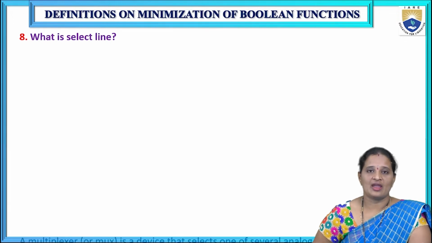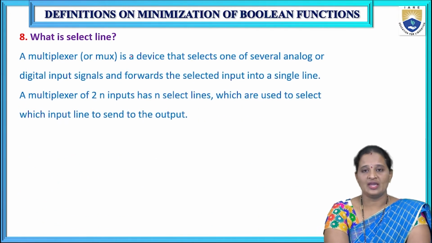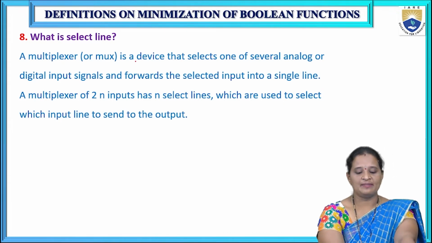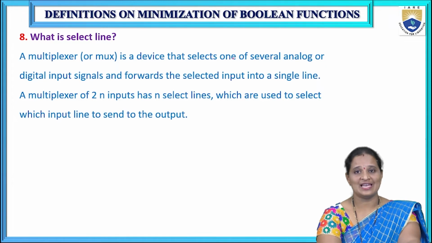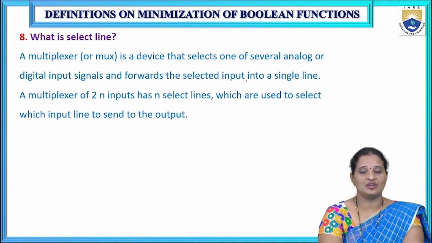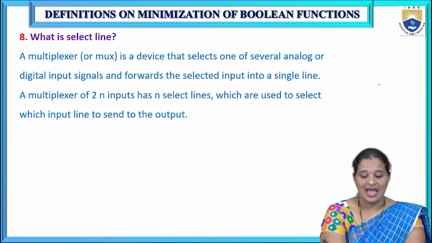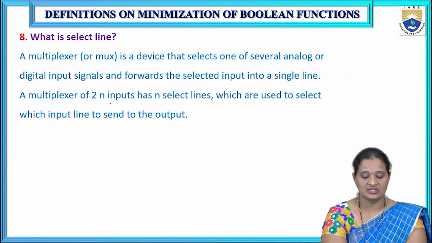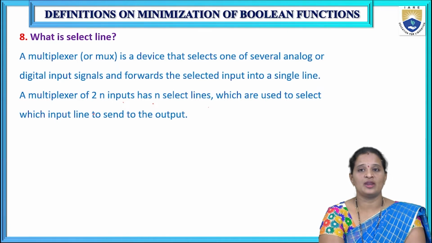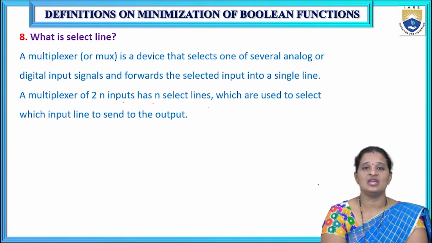Now, what is select line? Select line is the basic control signal in a multiplexer. A multiplexer is a device that selects one of the several analog or digital input signals and forwards that selected input to a single line. A multiplexer of 2^n inputs has n selection lines which are used to select any one of the 2^n inputs, and it will be directed to the single output.